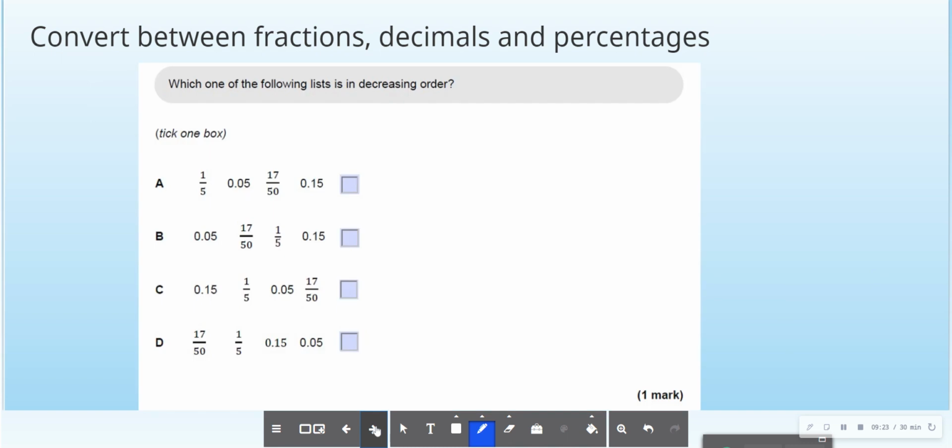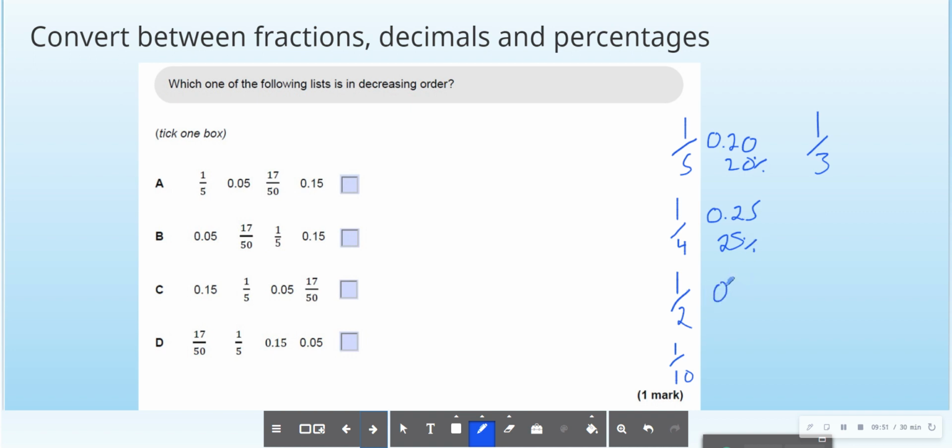Next one. Convert between fractions, decimals, and percentages. So we tried to learn a fifth, a quarter, a half, a tenth, and a third. Over here. So remember, a fifth, 0.20, 20%. A quarter, 0.25, 25%.